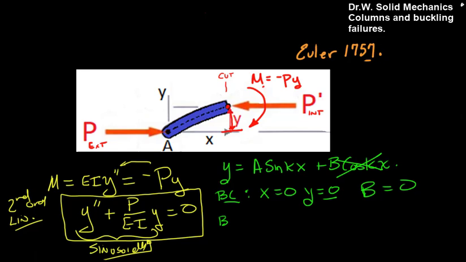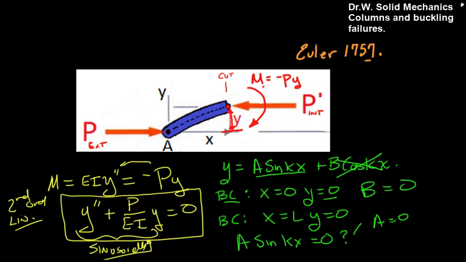The second boundary condition is at the other end of the beam. At x equal to L, y is again equal to 0. And if we look at that solution, we can ask, when will a sine of kx be 0? And there's two solutions.